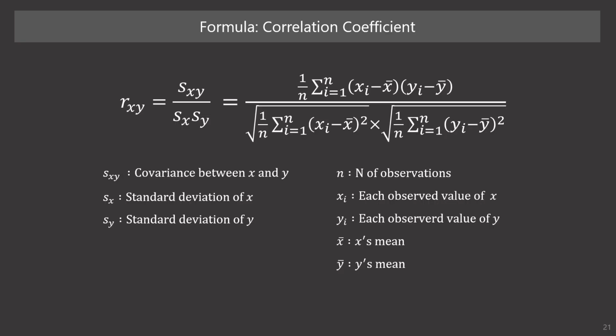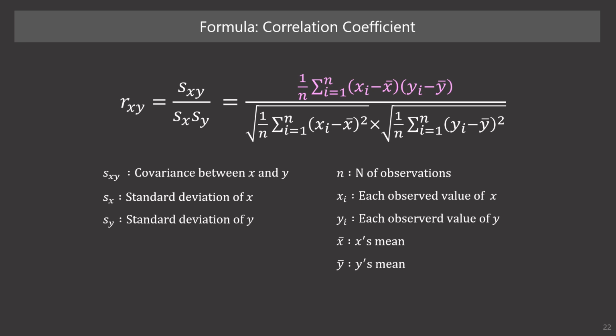We can compute a correlation coefficient by this formula. Detailed mathematical understanding is beyond the scope of this course, but let me give you a brief explanation. The numerator of this formula is called covariance, which represents the two variables' co-movement.